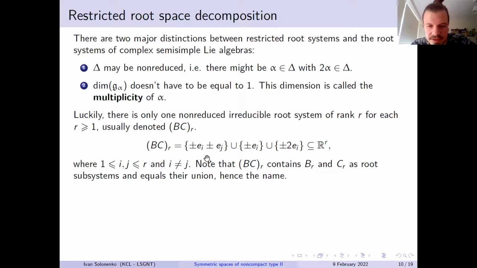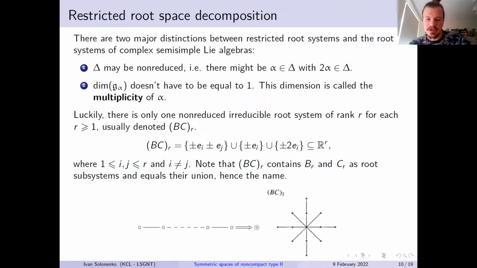So you take the first set in the union and then the second set, and their union will be B_R, and then you take the first and the third, and this will be C_R, I think. So you have B_R and C_R as subsystems, and their union is the whole BC_R, hence the name.